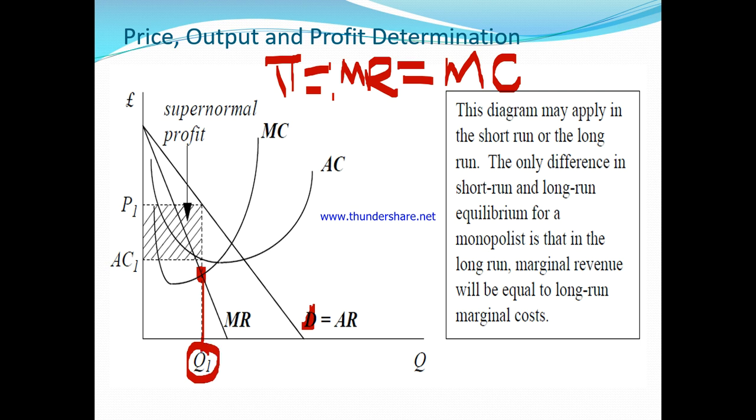And to determine the price, we go up to the average revenue curve and connect that to price. So our profit maximizing output is Q1, and the price that helps us maximize profit is P1. In short, for a monopoly, it has to produce Q1 and sell it at P1.